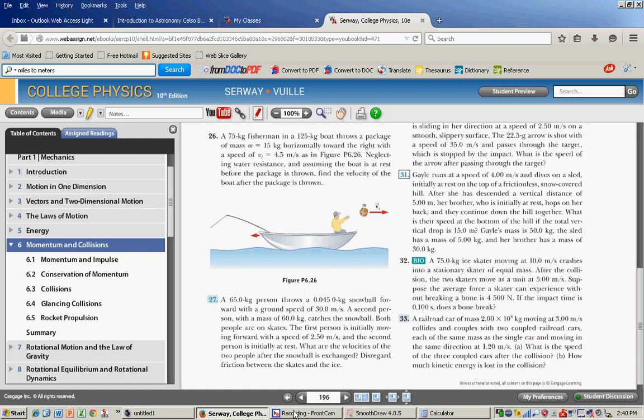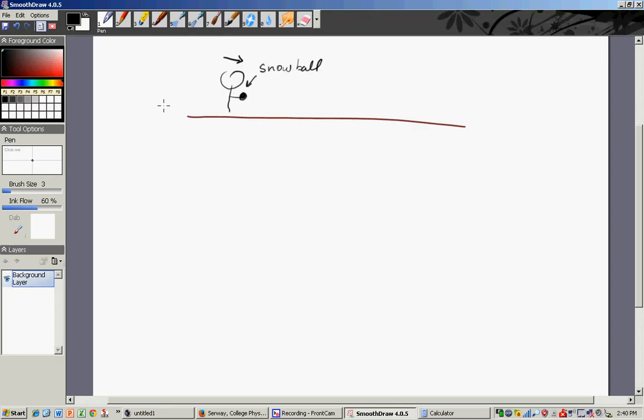So both of them move 2.5 meters per second, and i hat means I'm going to call all directions to the right my positive direction, just to keep a reference. So when the person moves to the right with the 2.5 meters per second velocity, it means the snowball itself has also the same velocity.